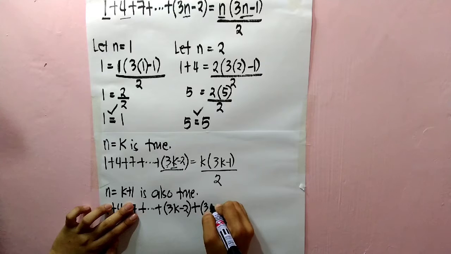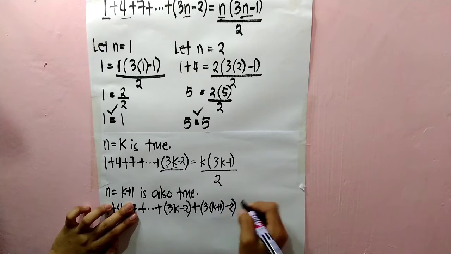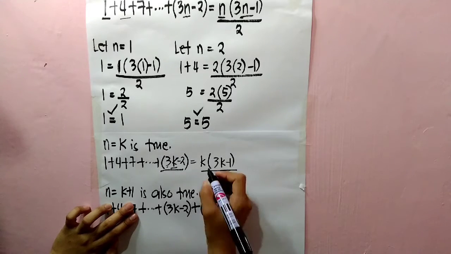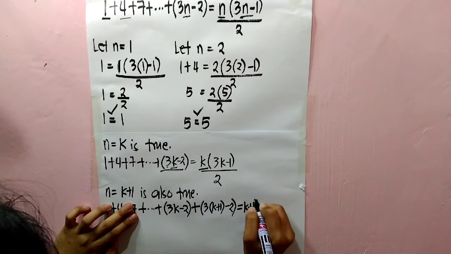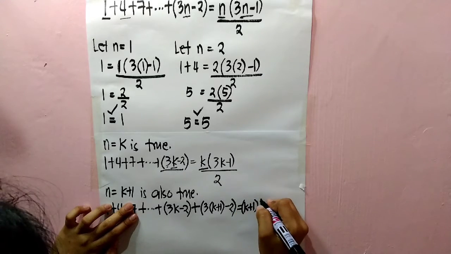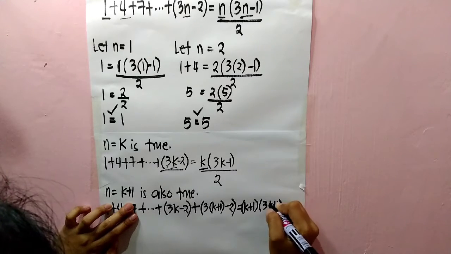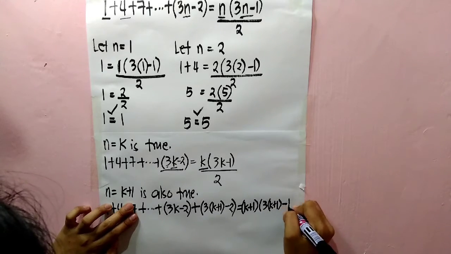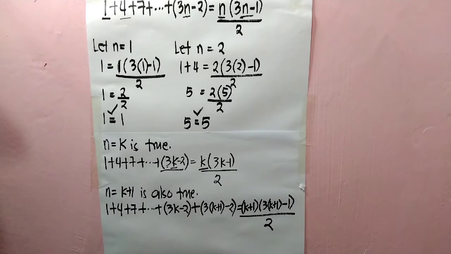So we have 3 times k plus 1 minus 2 on the left, equal to, substituting k with k plus 1, k plus 1 times 3 times k plus 1 minus 1 over 2. So we will prove this.